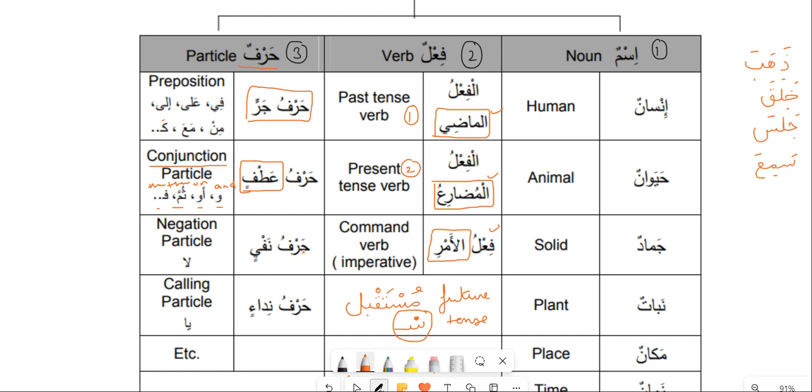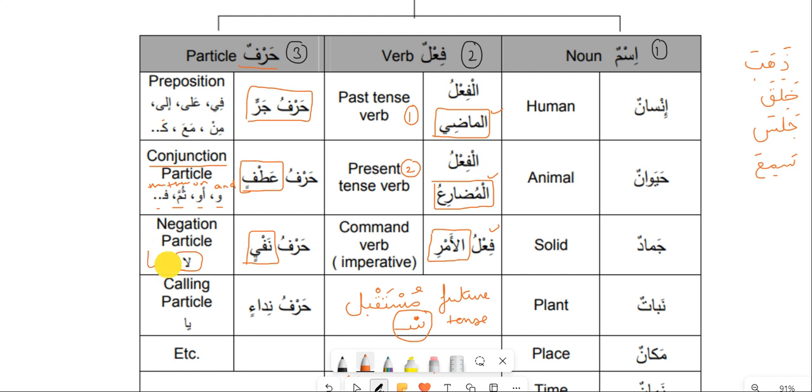And there is harf nafi. Nafi is a negating particle. When you want to negate something in a sentence, the harf is known as a negating particle, harf nafi. So basically when you want to say no, you say la. And there is also the harf nafi ma.